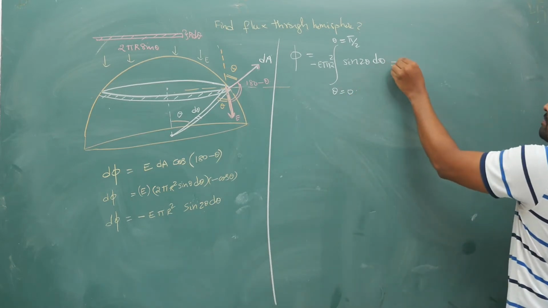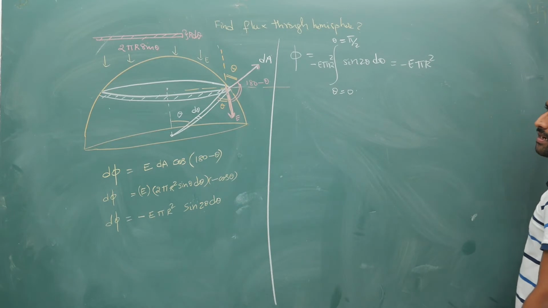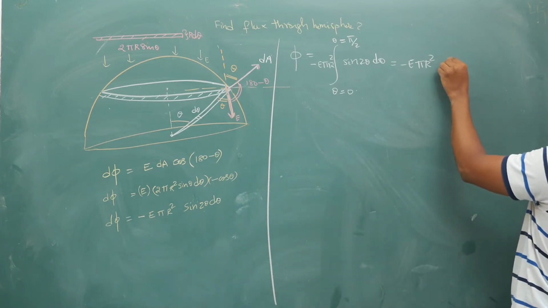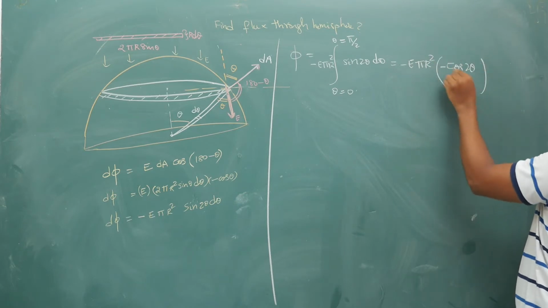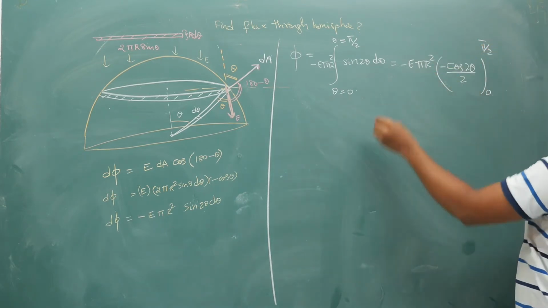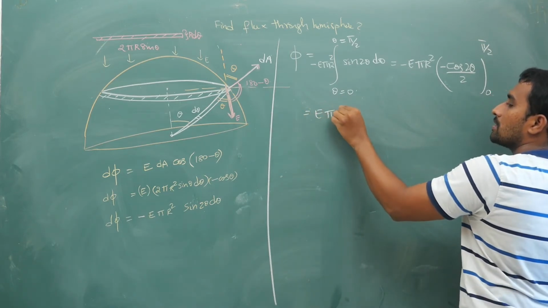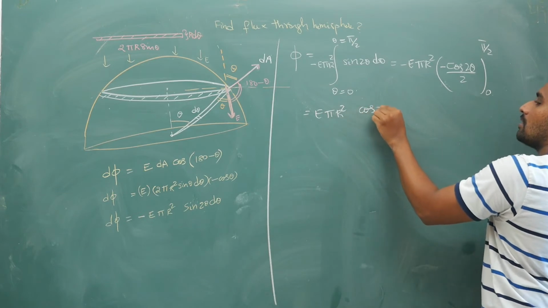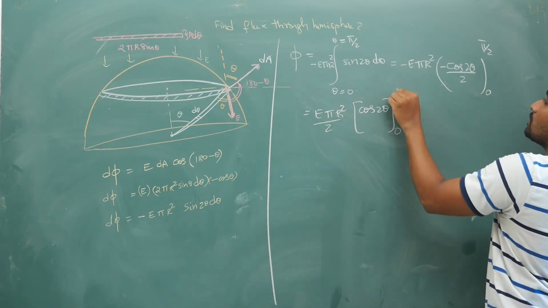That will give you minus E times pi r square into the integral of sin 2 theta, which is minus cos 2 theta by 2, from 0 to pi by 2. Minus minus will cancel off. So you are going to get E times pi r square times cos 2 theta by 2 from 0 to pi by 2.